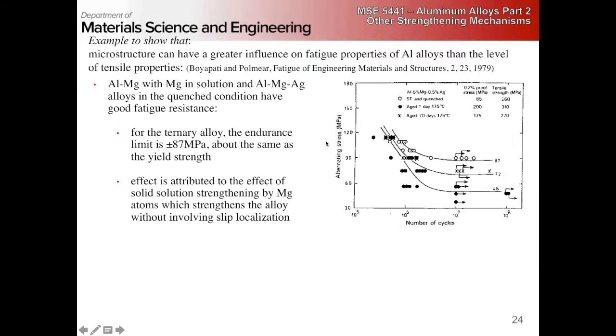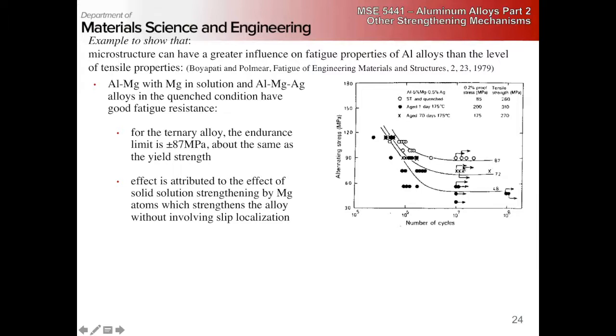So for a given stress, we have a large number of cycles to failure. Our endurance limit here is the stress that we can cycle this for essentially forever without any failure. So if we extrapolate this out to infinite number of cycles, that's our endurance limit.